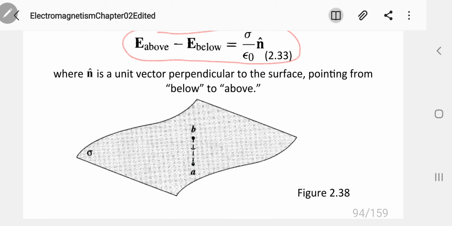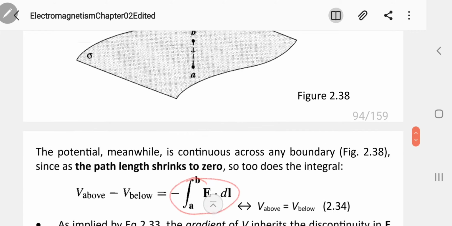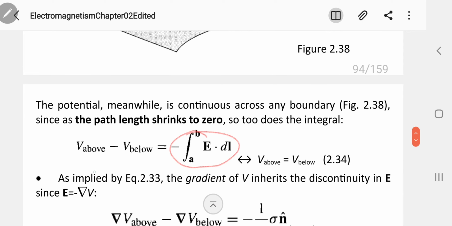You have points A and B. You have a point below the surface A and a point above the surface B. So you can get the potential difference of the 2 points. The potential difference above and below is just V above minus V below, and so you have this.